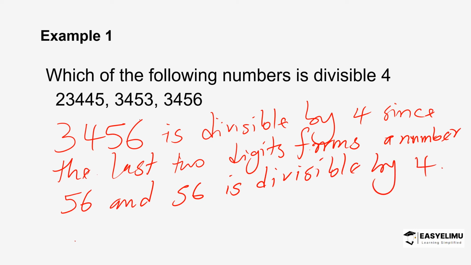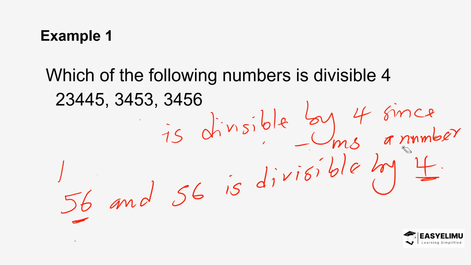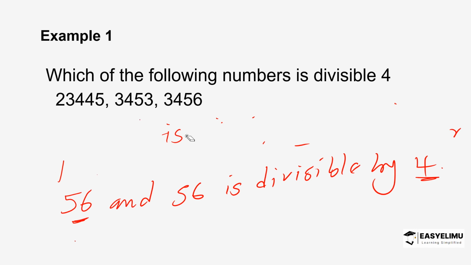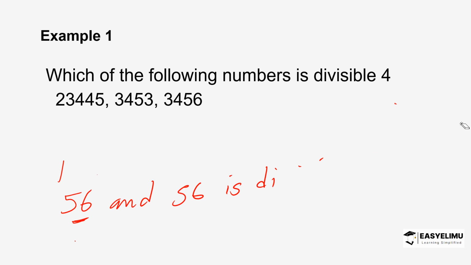So that is the only reason: the last two digits formed the number 56, and 56 is divisible by 4. So you simply restate the condition that is set for a number to be divisible by 4. That's how your answer is supposed to look every time you come across such a question in an exam or in short tests like a rat or cat or any other test that is given.